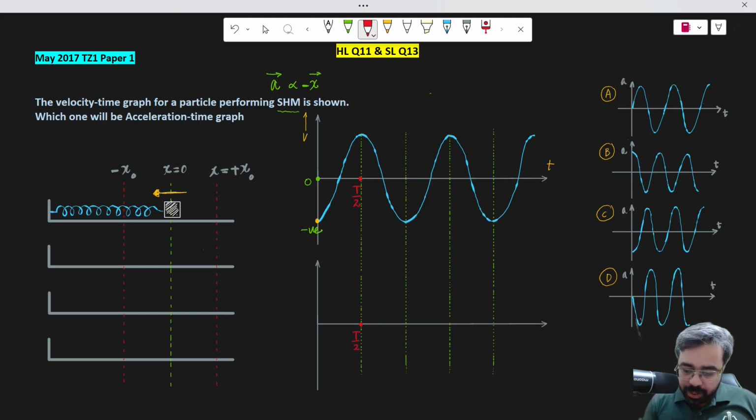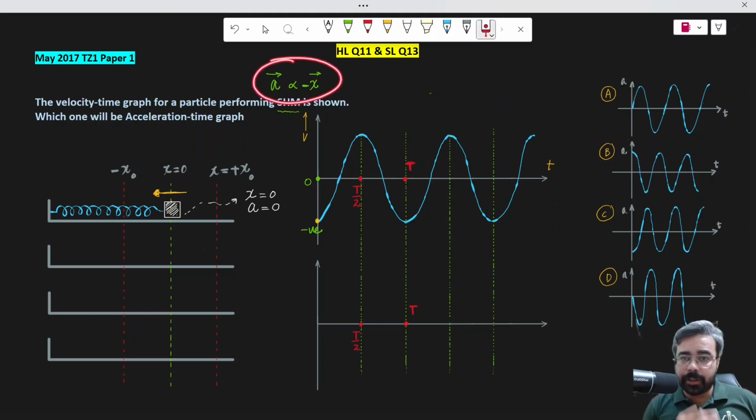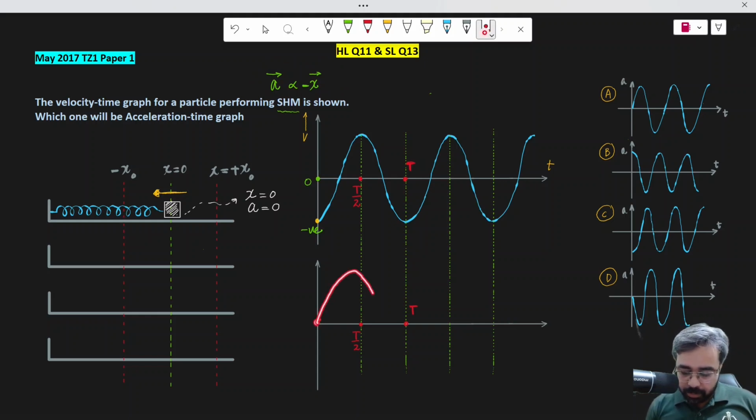And here one complete cycle, one complete oscillation, is completed, so this is T. Don't you think that whenever the object is at the equilibrium position, where the displacement is zero, the acceleration is also zero, because acceleration is directly proportional to displacement? It means that our graph will start from the origin, either as a positive or a negative sign graph. We will decide it later.